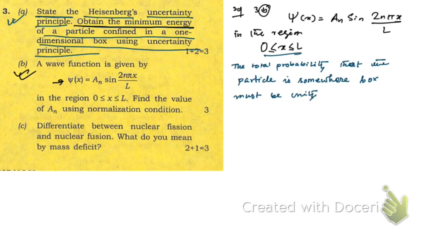That is the normalization condition here: integration from 0 to L of mod phi of x squared dx is equal to 1.